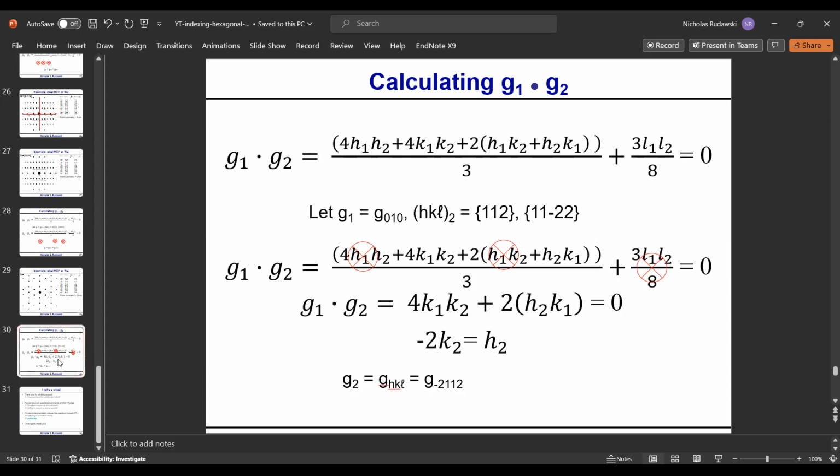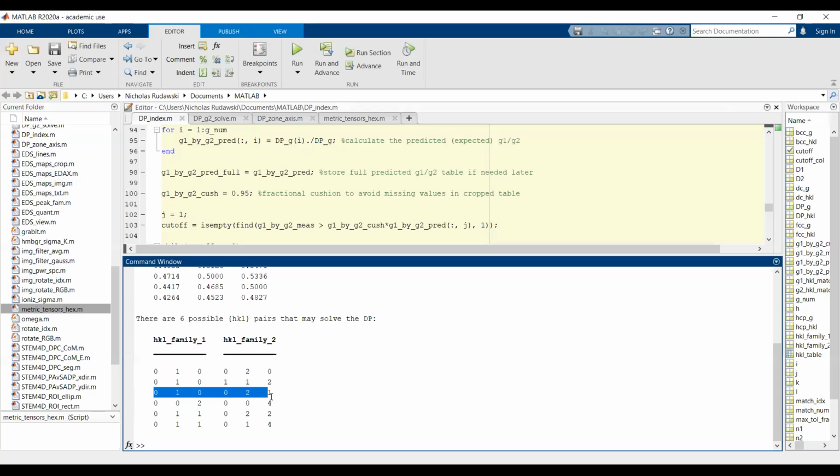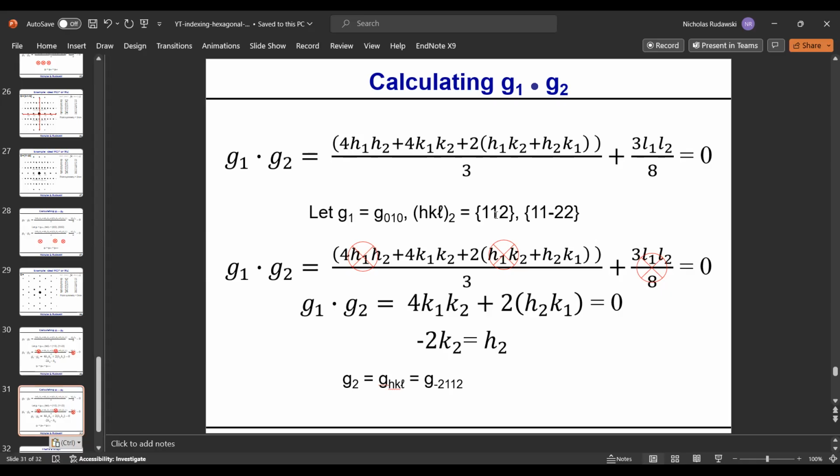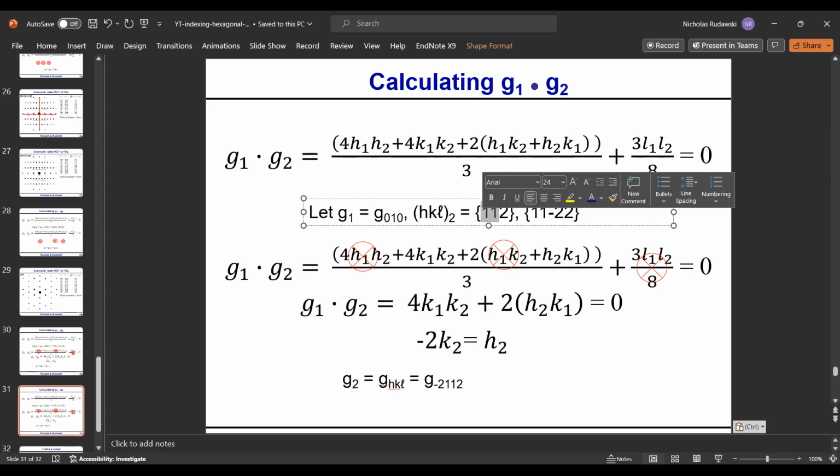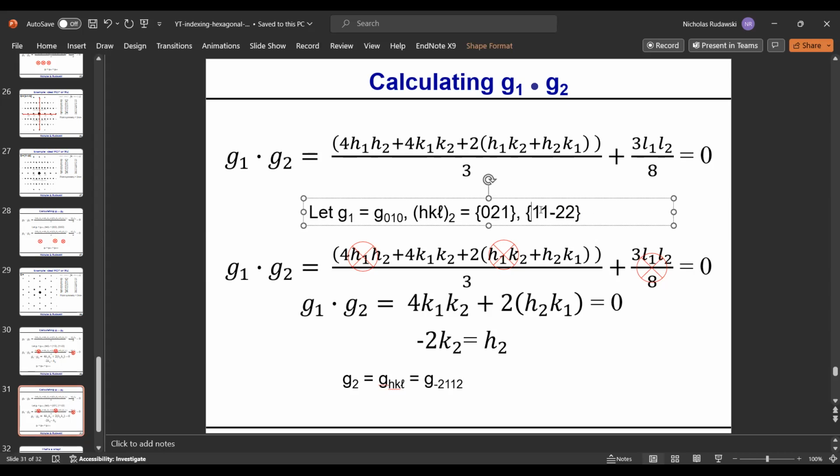So I'm going to copy this and paste it here, and we're going to do this again with the second solution, which is this one. Now we're talking about 0, 2, 1, and my family here is 0, 2, 2 bar, 1.